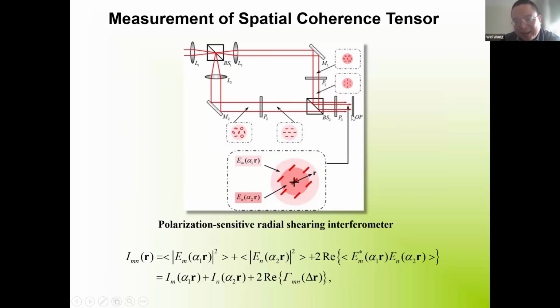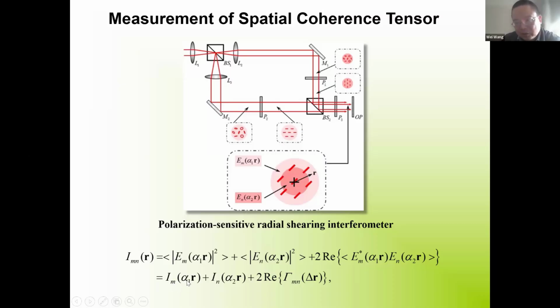Before the detection plane, we insert another linear polarizer at 45 degrees. After both beams interfere with each other, we obtain the final intensity distribution at the detection plane. So this shows you the result.